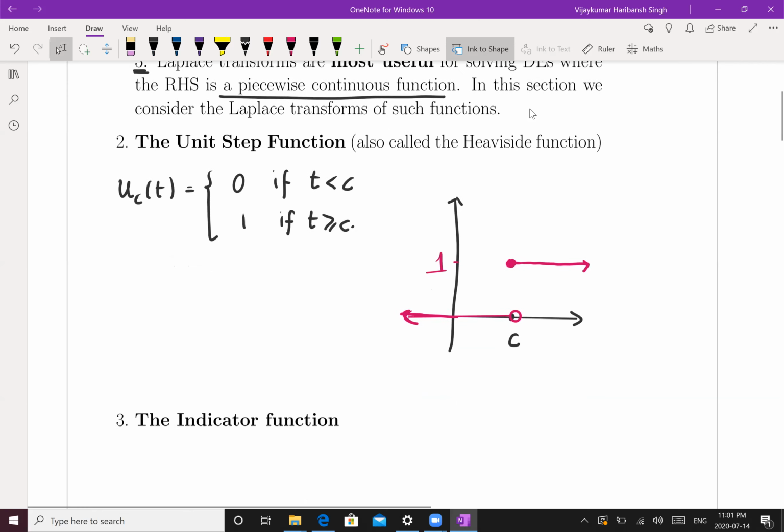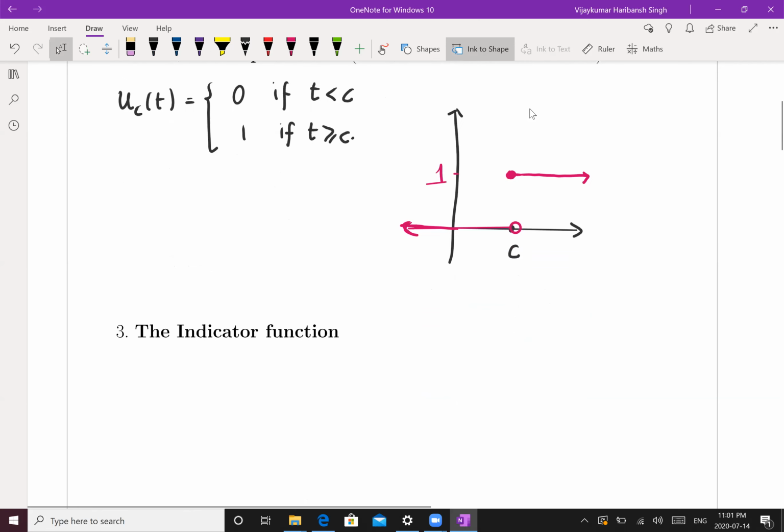Now the next interesting piecewise function is what is called an indicator function. We'll denote it by h of t. Let 0 be less than a less than b.